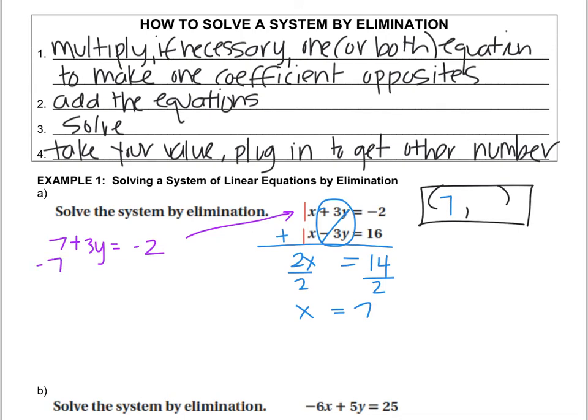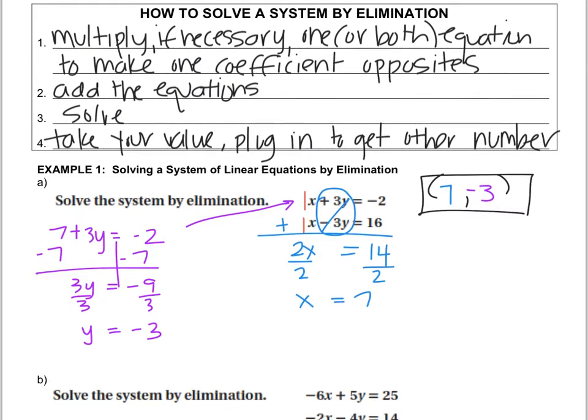So I'm going to subtract 7. So we get 3y equals negative 9. So then y is equal to negative 3. The y value of the intersection point is negative 3, which means that they cross at (7, negative 3). One way that you can check is you can plug 7 into the other equation and double check that you get negative 3 as well.